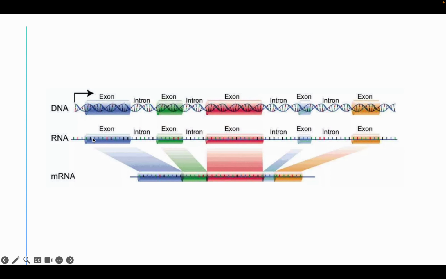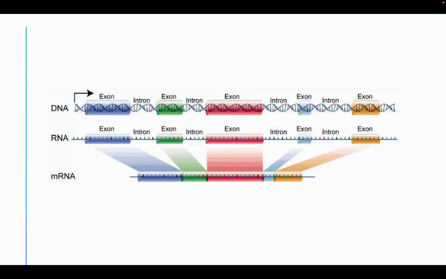But apart from that, the untranslated regions are also part of the mature RNA. So exons also include these untranslated regions, and the start sites and stop sites are included in this. This is an example of how different introns are removed and different exons are joined.